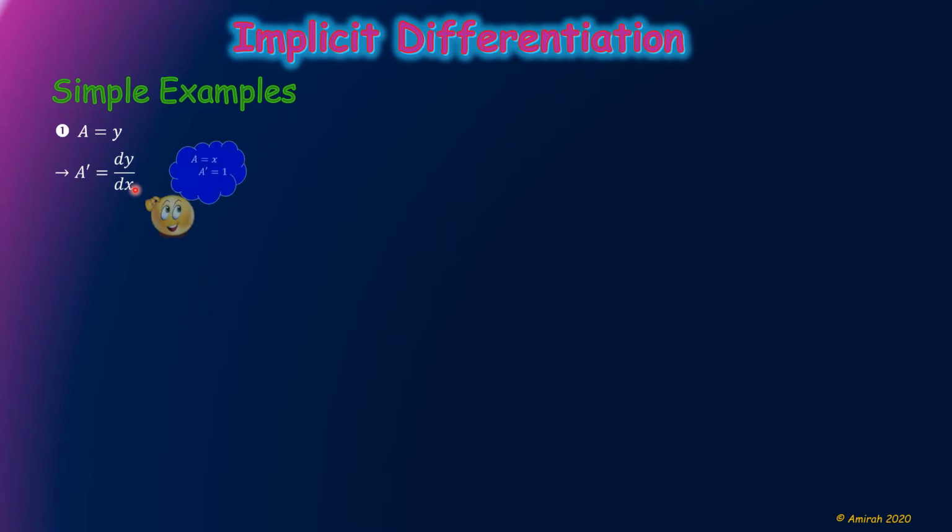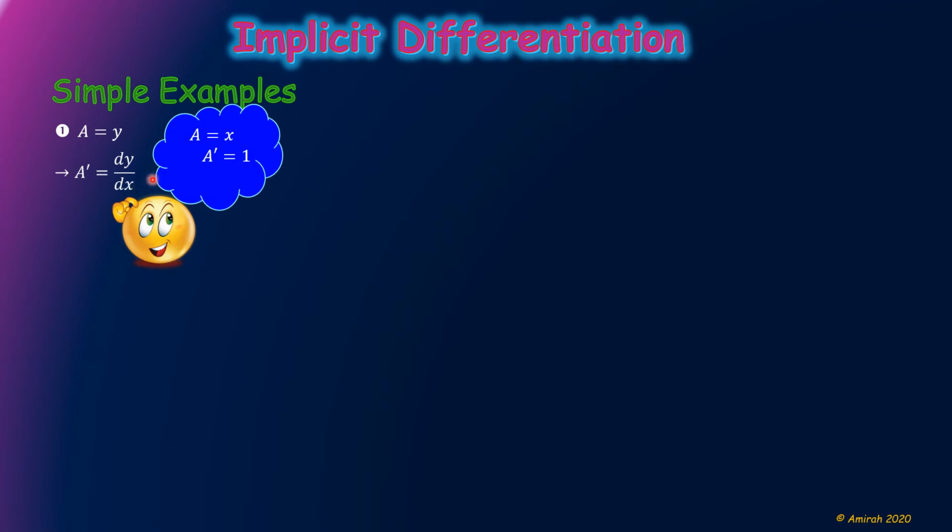Now we recall back when we differentiate x, it equals 1. Why do we have 1? Because actually, when we differentiate x, it equals dx over dx. We differentiate with respect to x, so we must put over dx here. The x in the numerator is from the variable x, and the x in the denominator is from differentiating with respect to x.